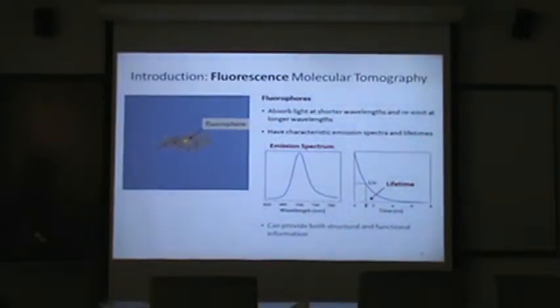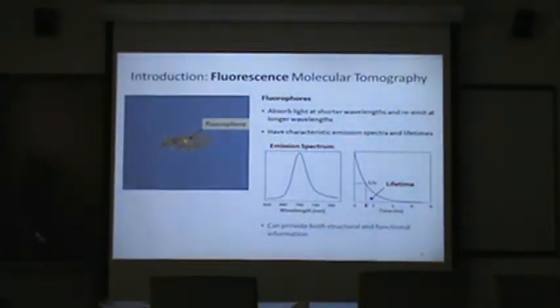It can give us both structural and functional information. For example, you can use fluorescent dyes to stain particular components of cells and look at really high contrast images. You can also genetically modify cells to express fluorescent proteins, and so therefore you can see when and where certain genes are being expressed. So, this could be a whole lecture in and of itself.